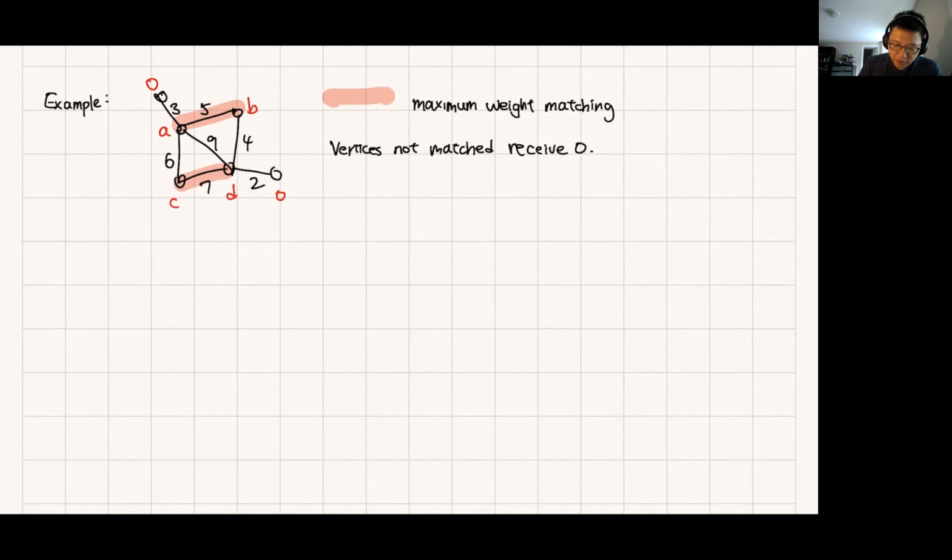Okay. And there are 2 types of equations that we will try to get. So the first equation is that their sum must be equal to the weight of the matching edge itself, right? So A plus B here has to equal 5, and C plus D here has to equal 7. Okay, so weights on matching edges.